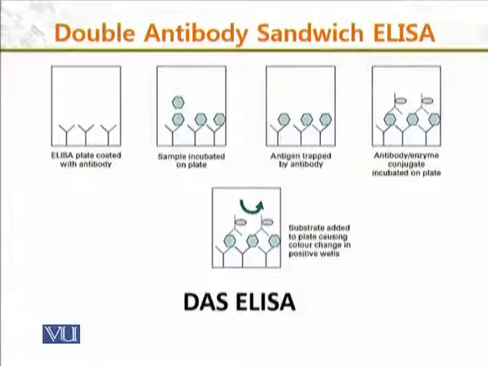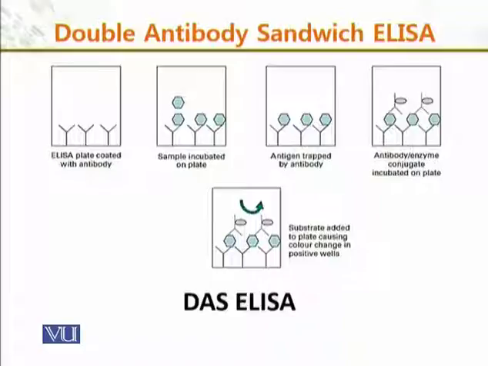If we see in this diagram, the ELISA plate is coated with the antibody, then the sample which contains the antigen is added, and the antigen is trapped by the antibody.